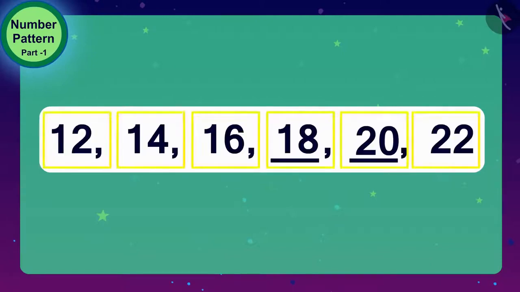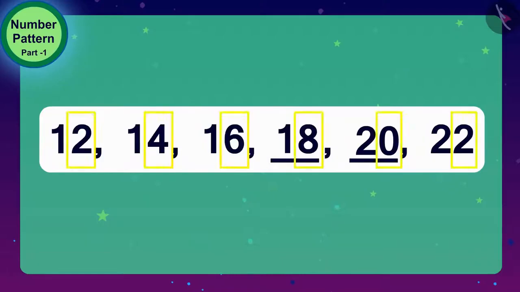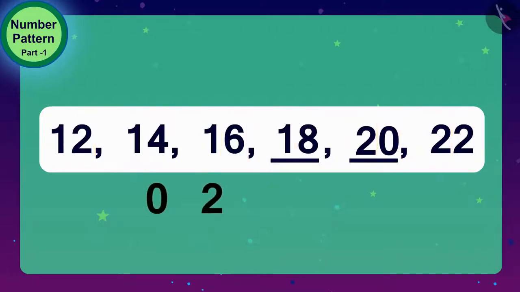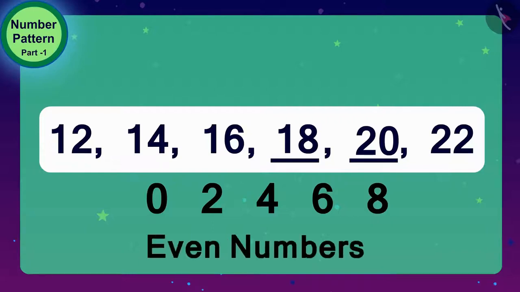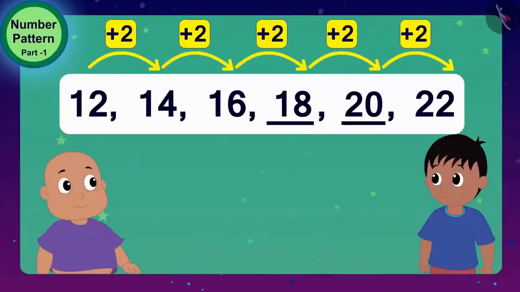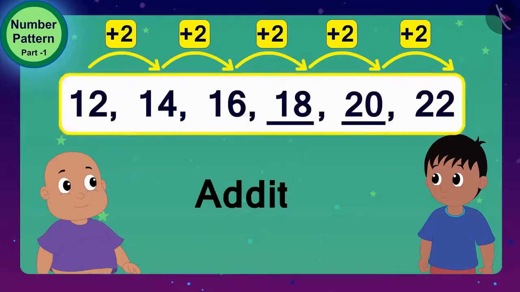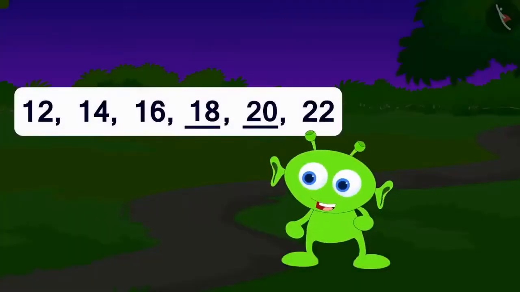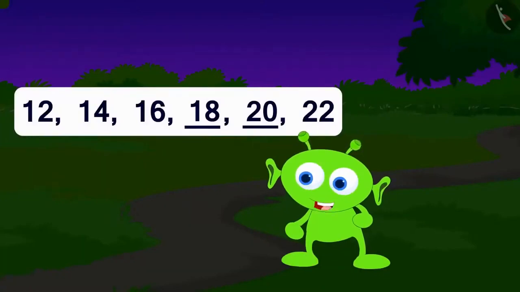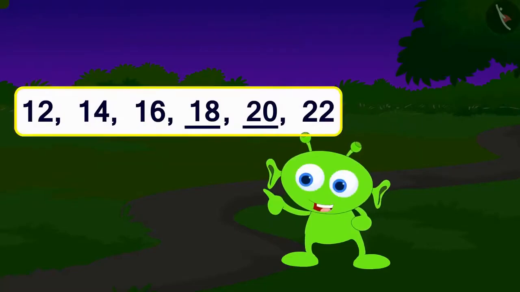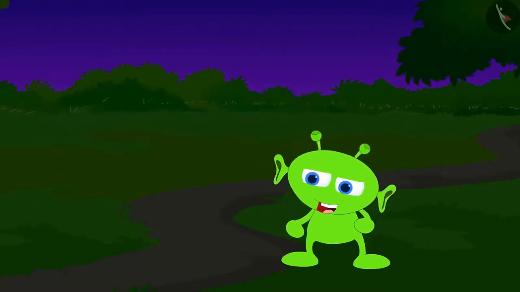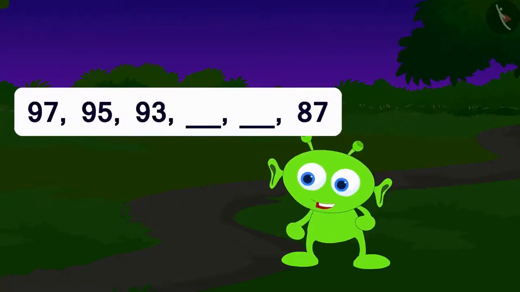Do you know that such numbers which have 0, 2, 4, 6 or 8 at units place are called even numbers? Raju and Bablu completed this number pattern using the process of addition. Well done. You two have solved it perfectly. Let's see if you can solve my next puzzle.